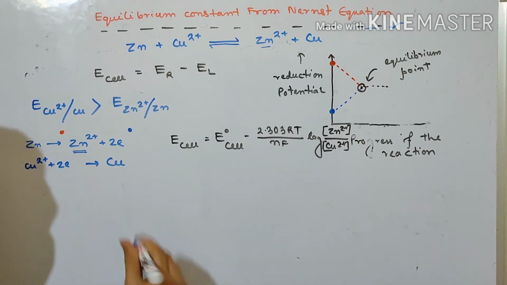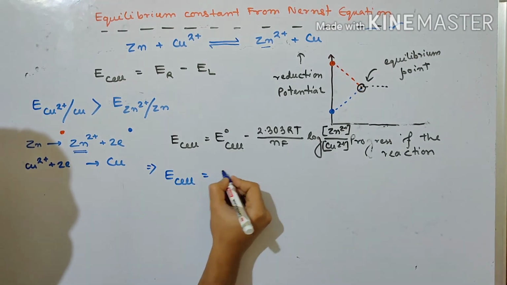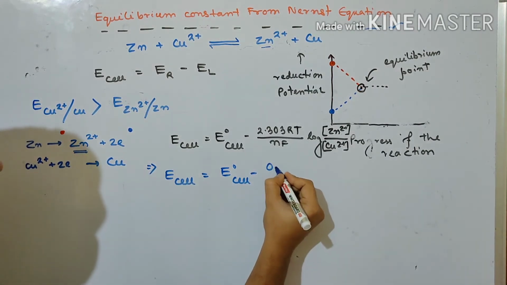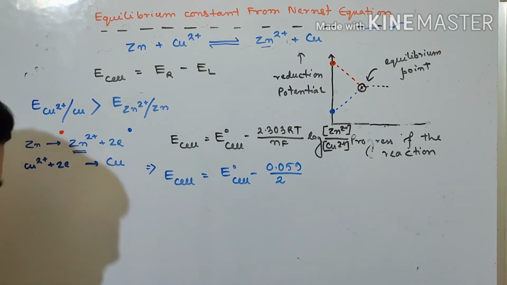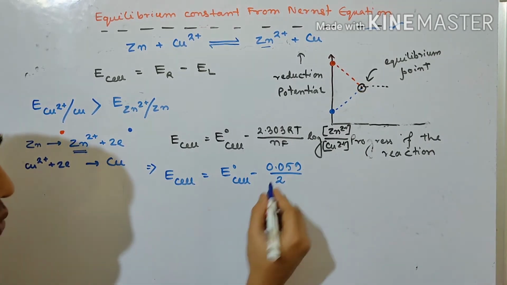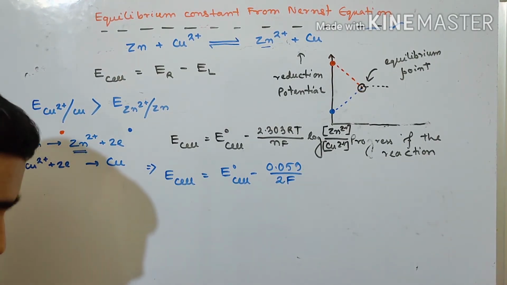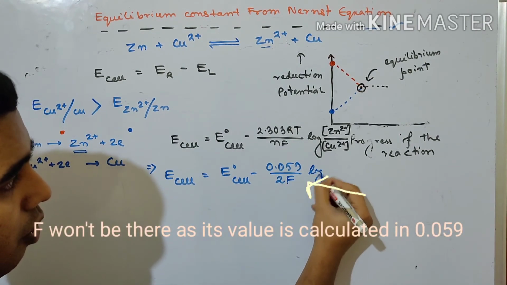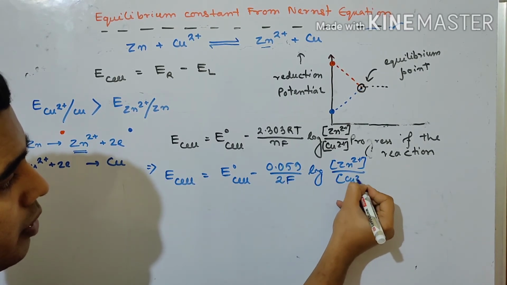It can be rewritten as E cell is equal to E0 cell minus 0.059 by n, in this case it should be 2F, because here only 2 electrons will be transferred, so log of Zn2+ divided by copper 2+.